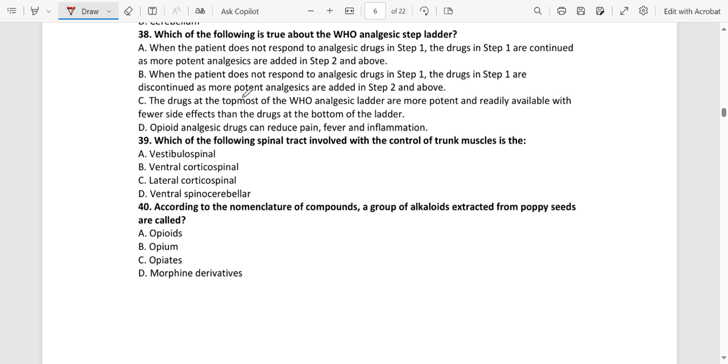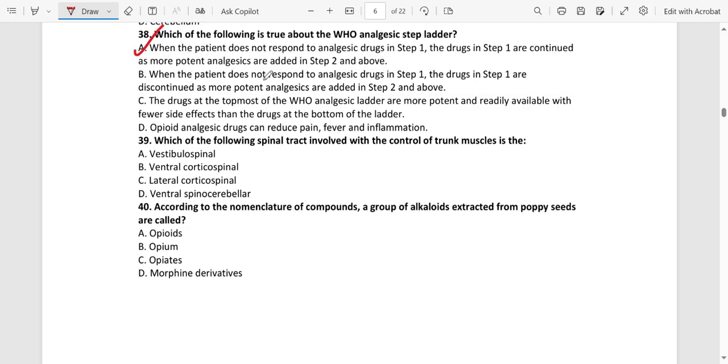The drugs at the topmost of the WHO analgesic ladder are more potent and readily available, with fewer side effects than the drugs at the bottom of the ladder. Opioid analgesic drugs can reduce pain, fever, and inflammation. What do you think? Which one is the best option? Okay, A is the best.